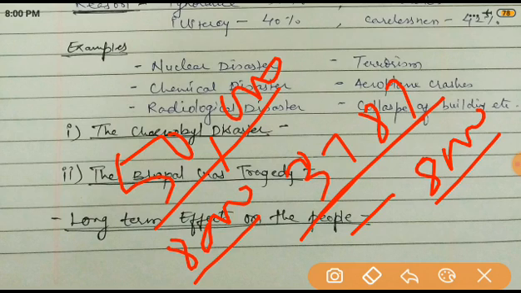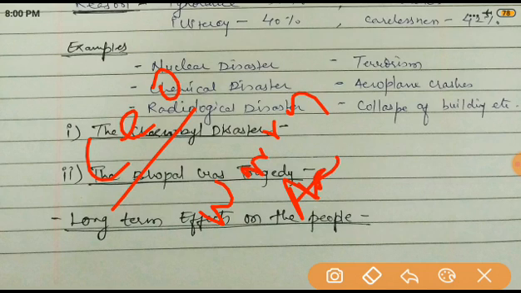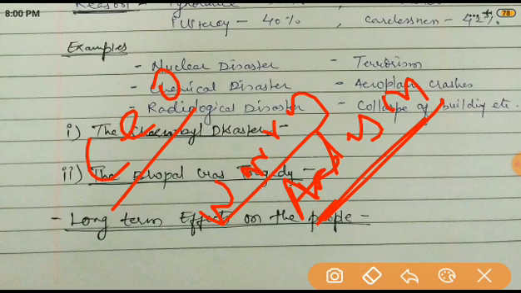Okay, and because of that incident, the factory owner or the CEO of the factory, what is the name? Warren Anderson. A criminal case was filed against Warren Anderson.